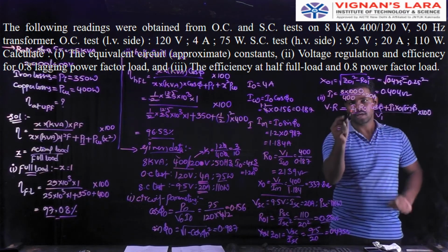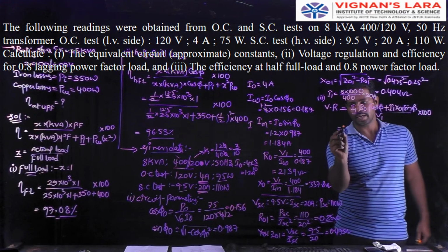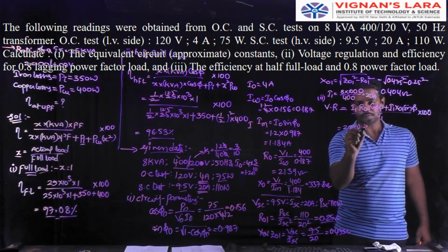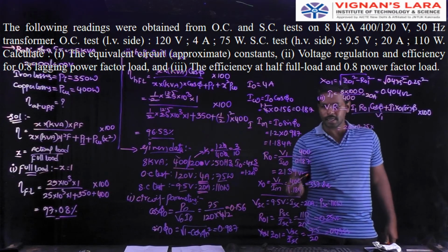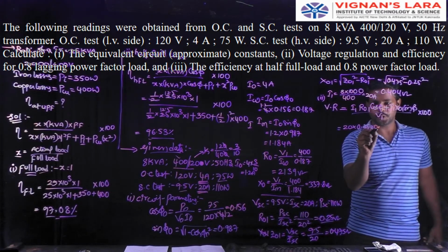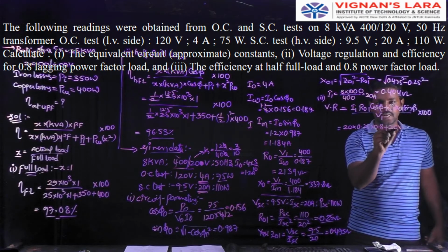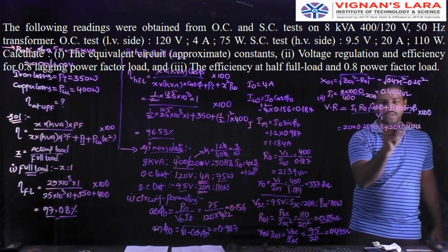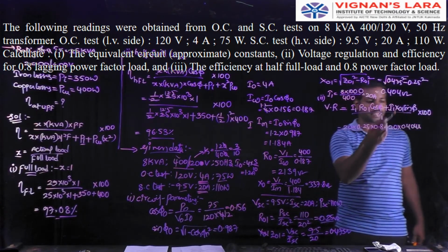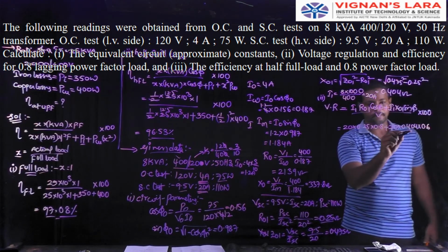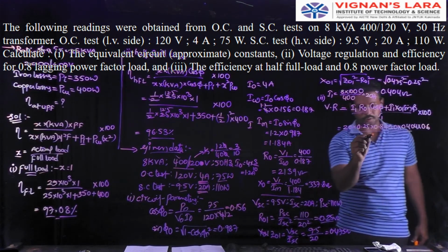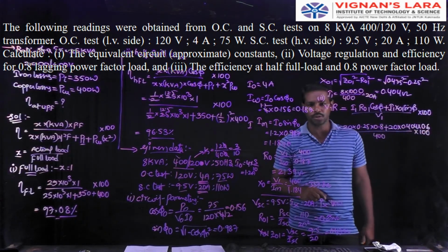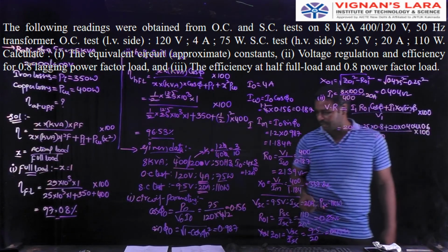Plus indicates the lagging power factor. We already know I1 is 20, and R01 is 0.25, so 20 into 0.25 into 0.8, plus 20 into X01, which is 0.404, into sin phi, where cos phi is 0.8 and sin phi is 0.6, divided by V1, which is 400, into 100.